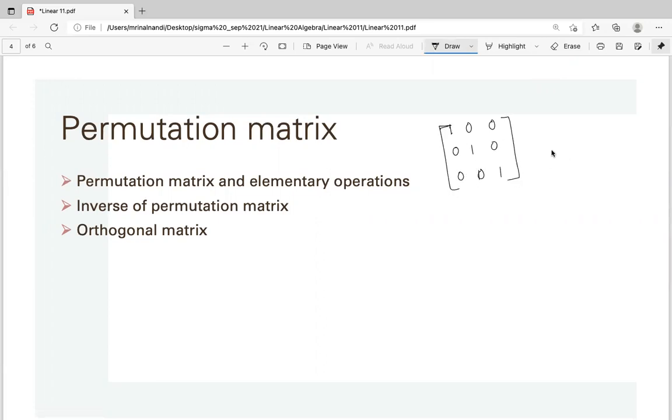So this is an elementary matrix. We know there are three elementary row operations or elementary column operations, same thing. If you apply an elementary row or column operation and get a matrix, you can get the same matrix with the elementary row operation also.